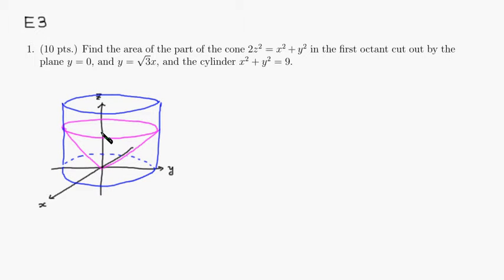So it should look something like this, so we are cutting that by the xz plane. Then we also cut it by y equals square root of 3x. That's going to be a plane kind of going like this. I'm going to try to draw it kind of like this.